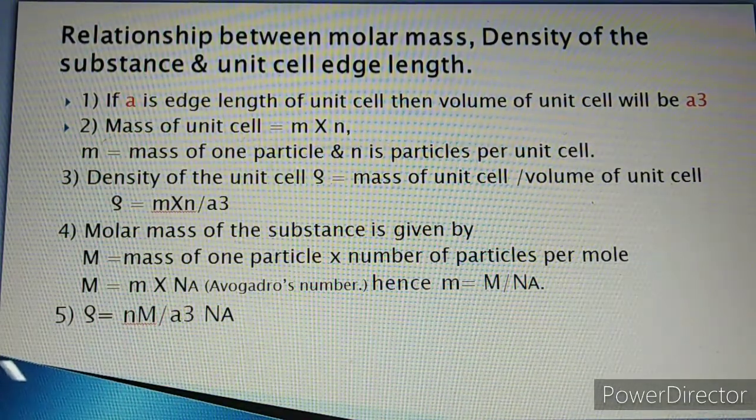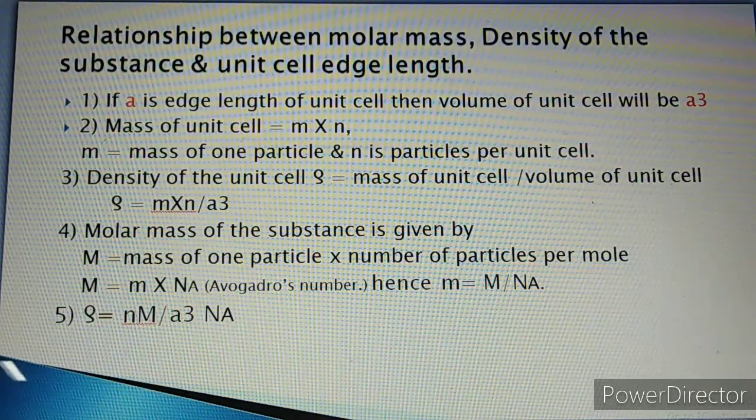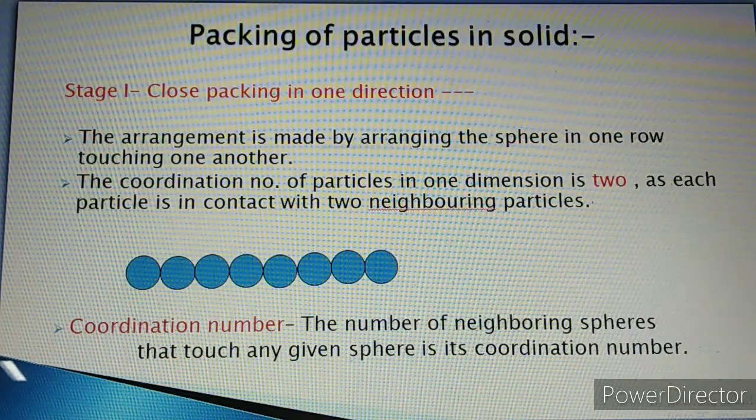By using this formula, we are able to find the density of a given unit cell, where small n is 1 for SCC, 2 for BCC, and for FCC the value of small n is 4. That we already learned in the previous video.